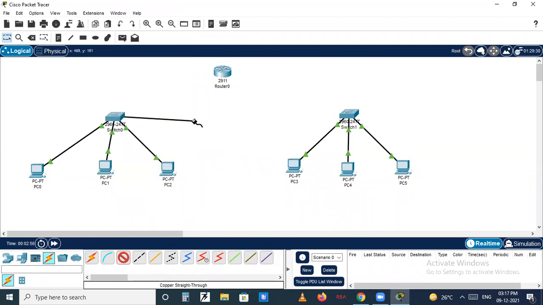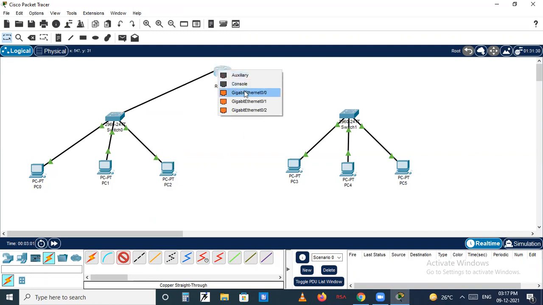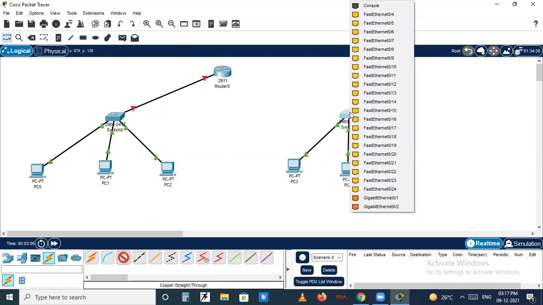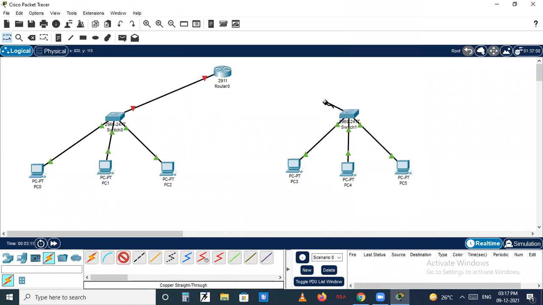First one to this one here, so here 0/0 first one. Next I will take this side 0/1, and yes, 0/1 is available.